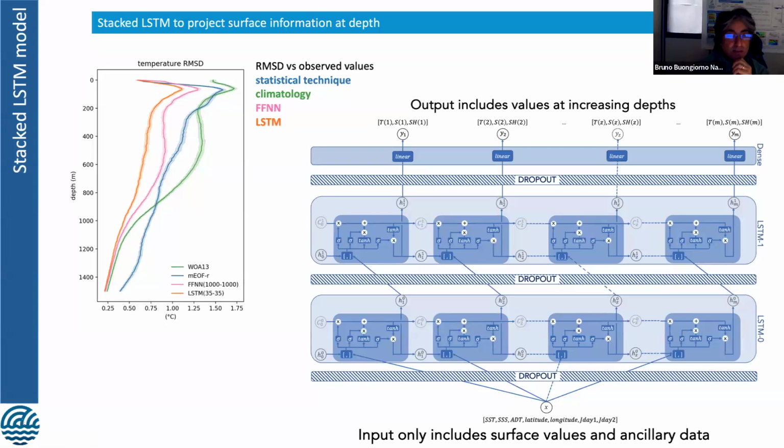I think you can see this by looking at the profiles of the errors on this slide. Of course, the maximum of the error is always where the thermocline or the pycnocline is located. So yes, that's an issue.